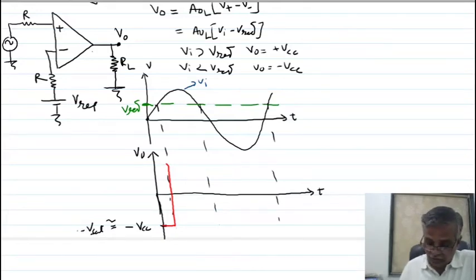Now during this time, look here, Vi is greater than V reference. As Vi is greater than V reference, you will get a positive output.